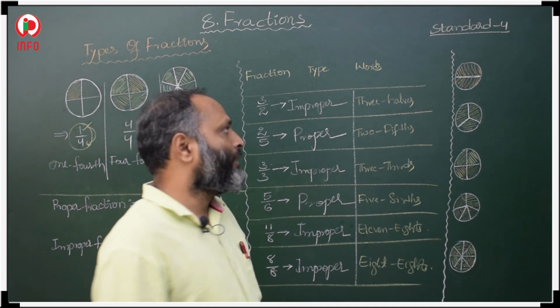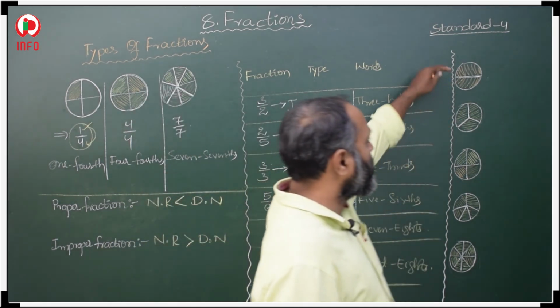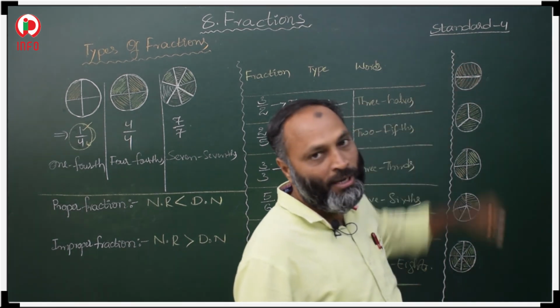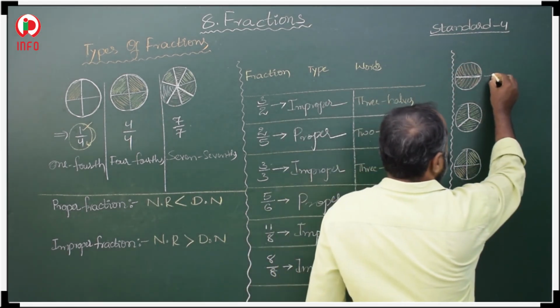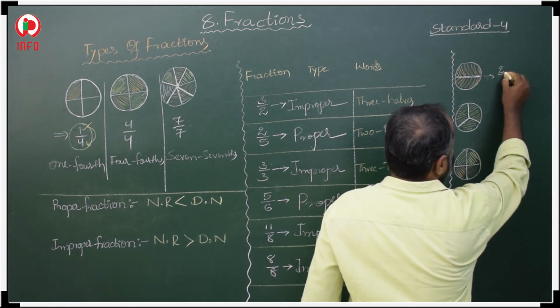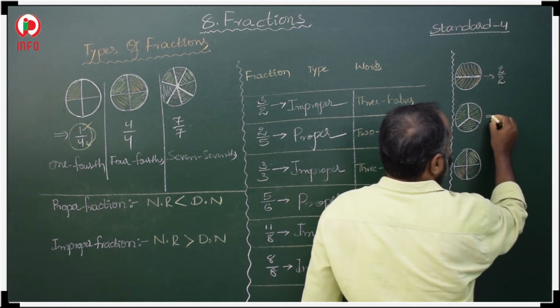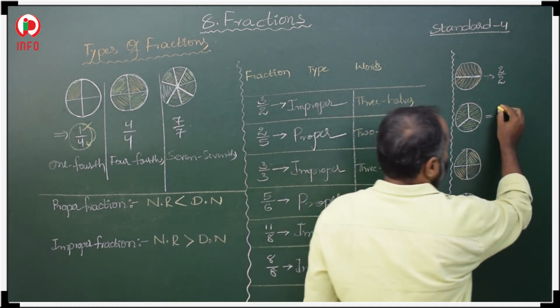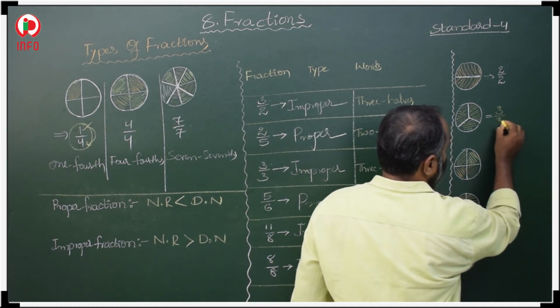Okay. Now the next one. In this circle we divide into two parts, then the shaded part is 2/2. Here there are 3 parts in total, all 3 parts shaded, then the shaded portion is 3/3.